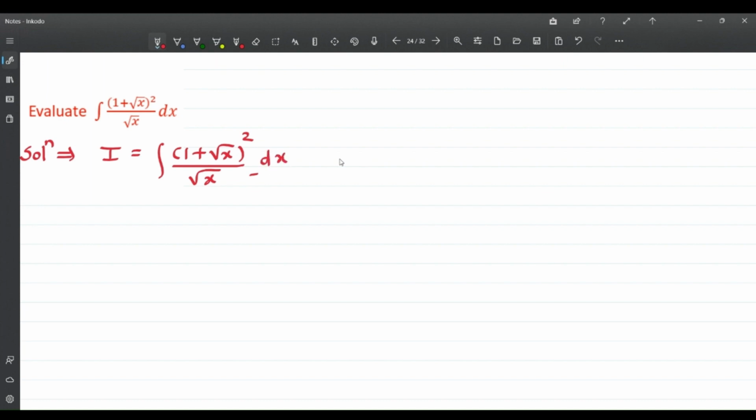First we have to solve the numerator, and in the numerator, just like the last example, we can use (a plus b) bracket square. The formula is a square plus 2ab plus b square.